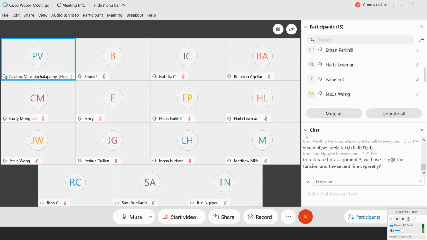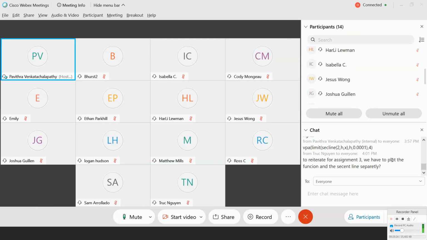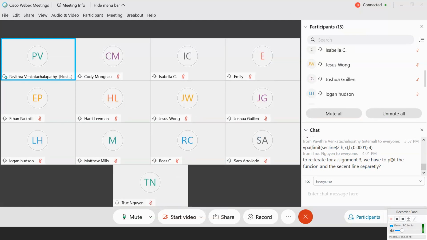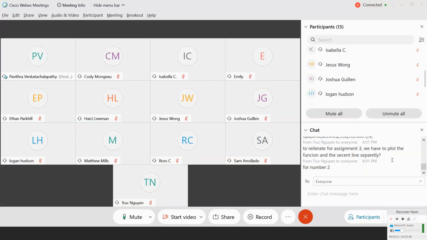For assignment 3, we have to find the function that we can contribute to. Okay, which question is that? I don't think number 2 is asking you.